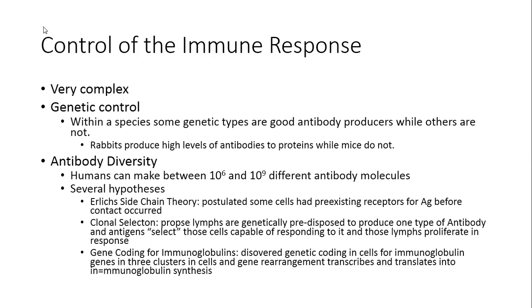So that's based on the fact that we can produce anywhere between 10 to the 6th and 10 to the 9th different antibody molecules in our lifetime, all individualized and all based on the genetic control of antibody diversity and being able to recognize different kinds of antigens, all through that processing, through the MHC complex, through antigen presentation, as well as the variability of those really minor changes that we spoke about within the immunoglobulin barrel, that hypervariability region.